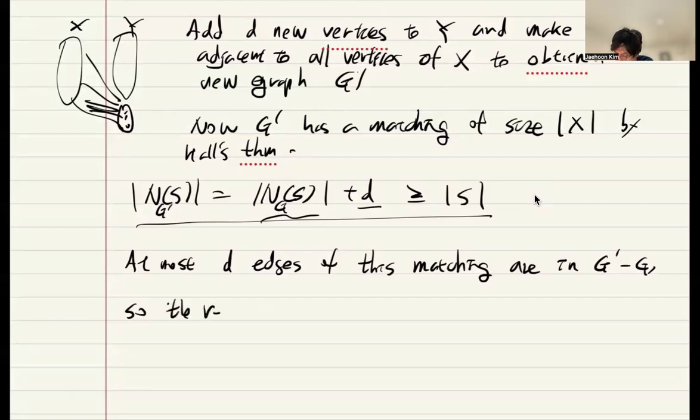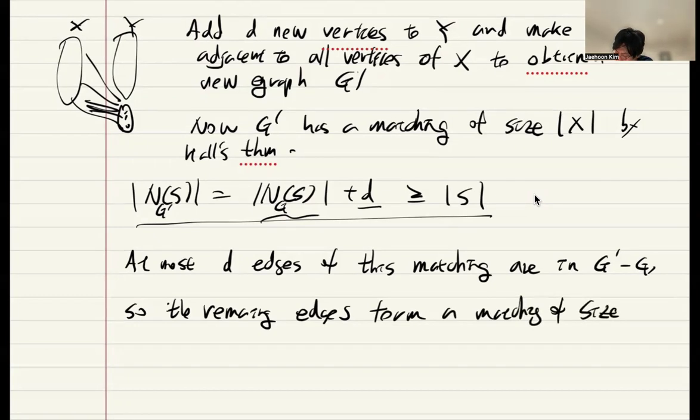So the remaining edges form a matching of size |X| minus D, as desired. So this proves the theorem.